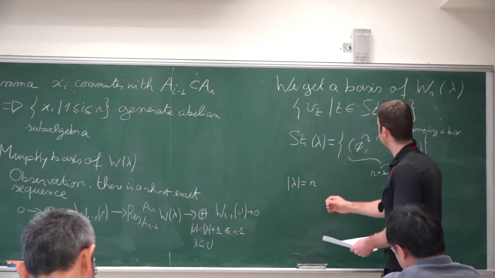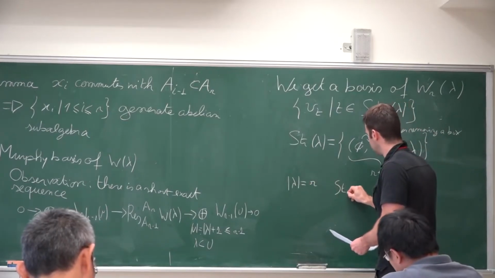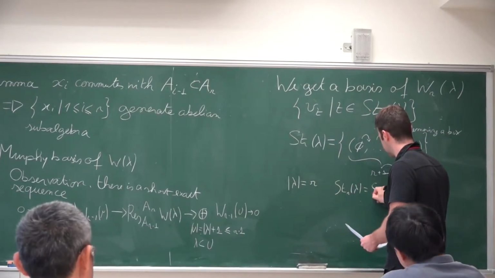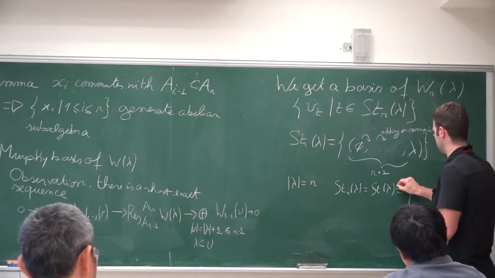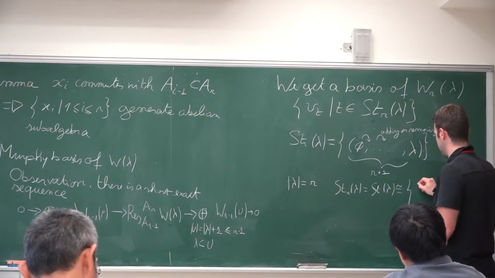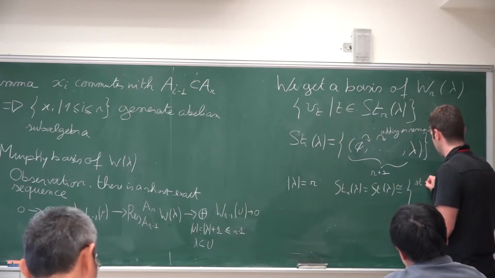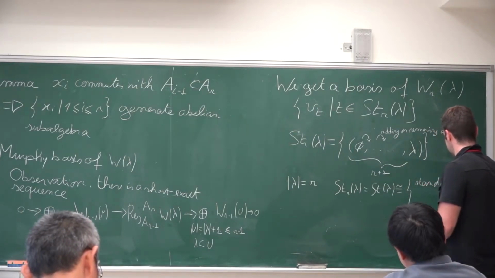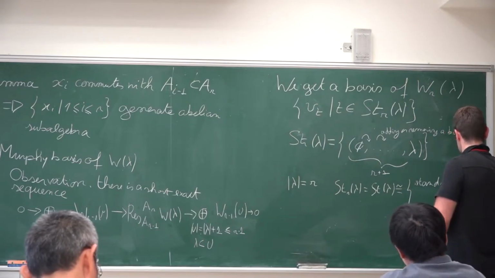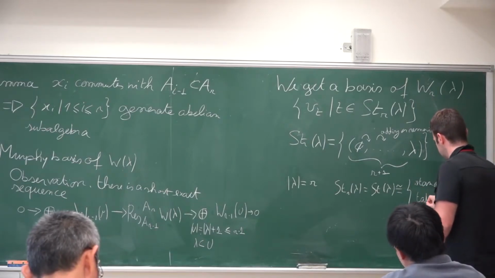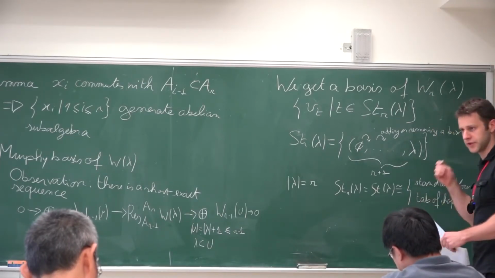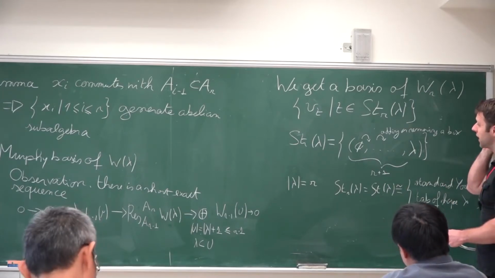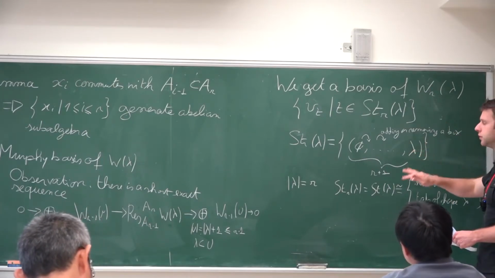So if lambda is equal to r, then ST_r is really just ST of lambda, which is, or at least isomorphic to, the set of standard Young tableaux of shape lambda. Which of course naturally labels the Murphy basis for the symmetric group.